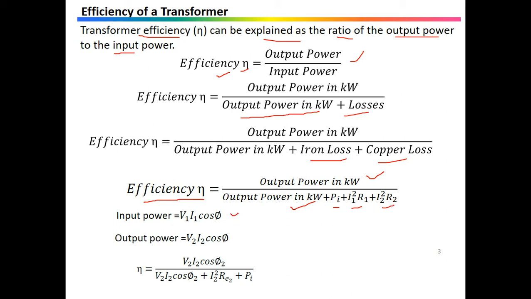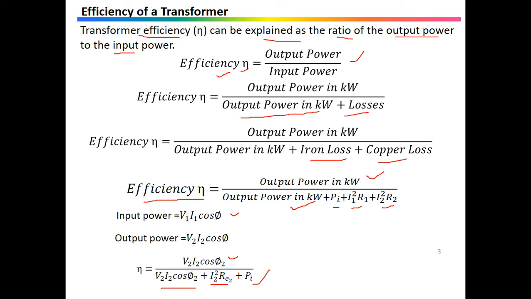As we know, the input power is V1 I1 cos phi, and the output power is V2 I2 cos phi. So the efficiency can be written with the output power V2 I2 cos phi2, where phi2 is the power factor angle in the secondary, divided by the output power plus I2 square Re2 in the secondary, plus the iron loss.